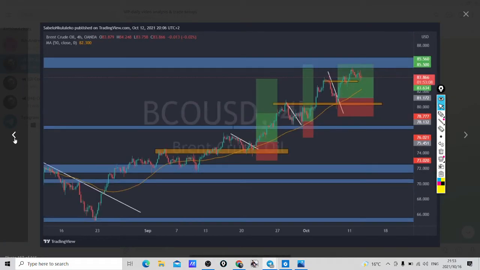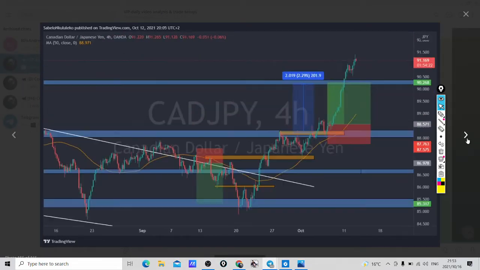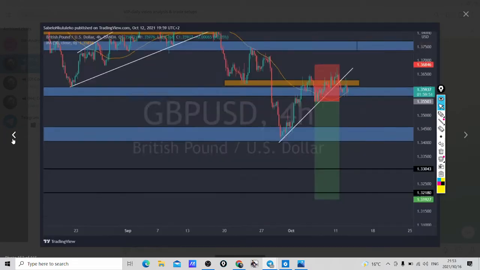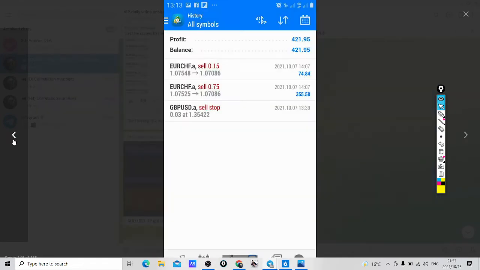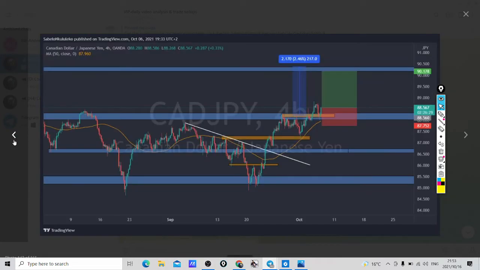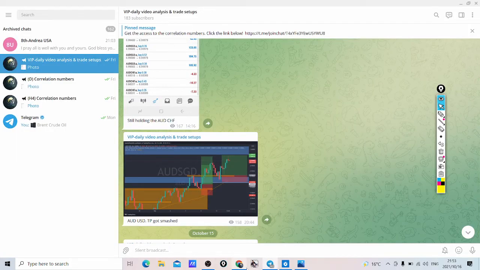CAD JPY. Where's the CAD JPY? Okay, no, that was our profit. Yes, this was the entry. That was a signal given for a buy, and I was targeting something like, I'm not sure in terms of R's, like risk reward, but 200 pips was smashed.